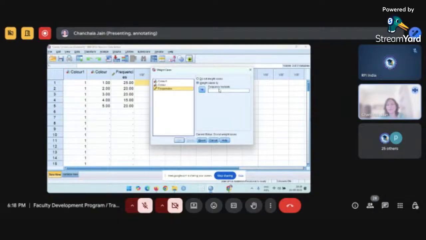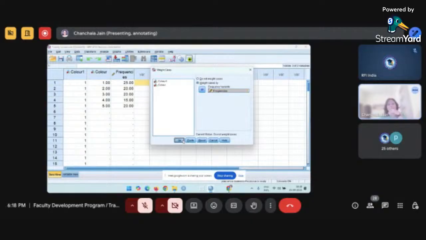Here you can see it is asking for the frequency variable. So wherever you have stored the frequencies, whatever name you have given, you need to supply that in this frequency variable box. And then you can click on OK.